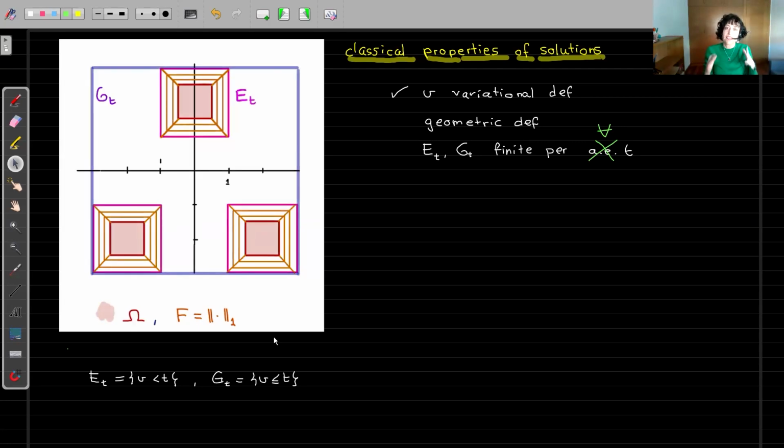In that case, the solution will immediately jump to this G_t, and then we will have some flattening. So the solution B will be constant in all this area. So the level set equation will be completely singular there.